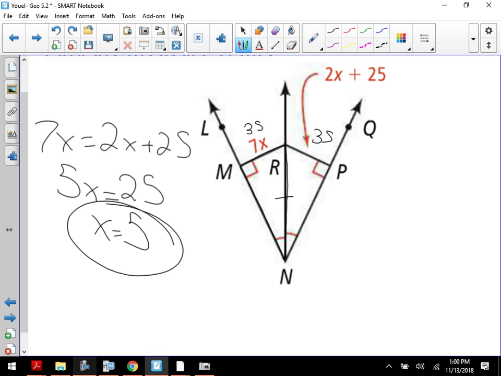The beginning of this stuff is really quick and painless as far as how a lot of the setups are going to go. It's when we start talking about the larger vocab words, when we get into those tomorrow, that's when you have to be careful about what's what. That's when you have to understand if you have an in-center, you're dealing with angle bisectors. If you're dealing with the other one, you're dealing with the other thing.